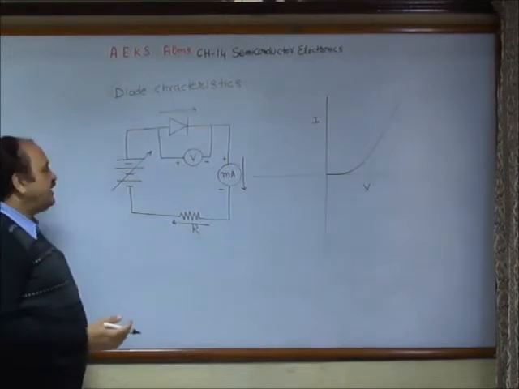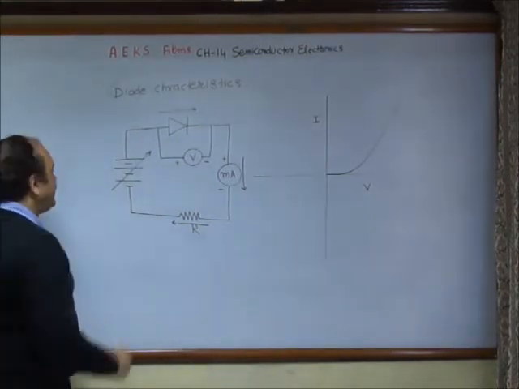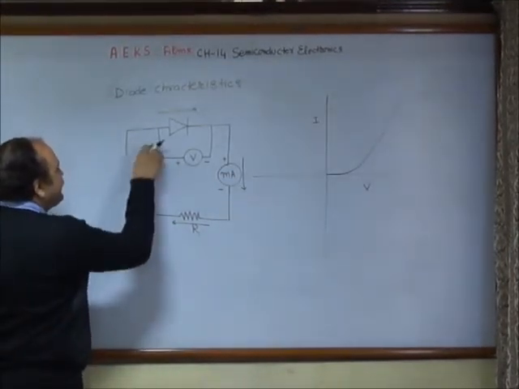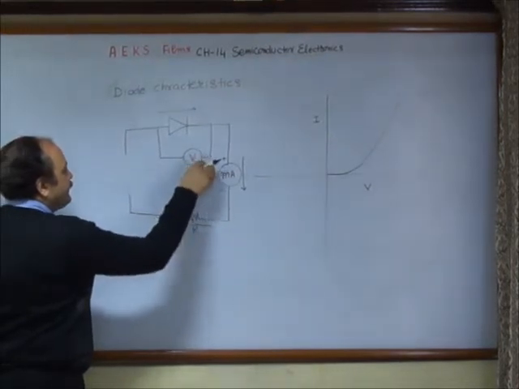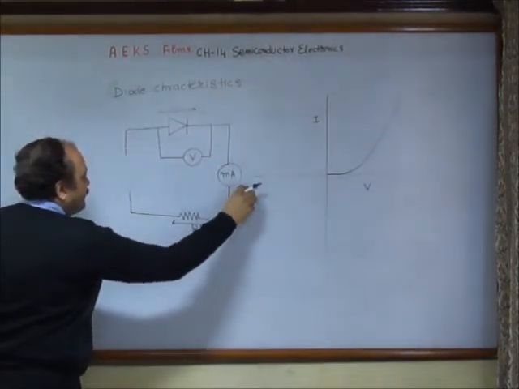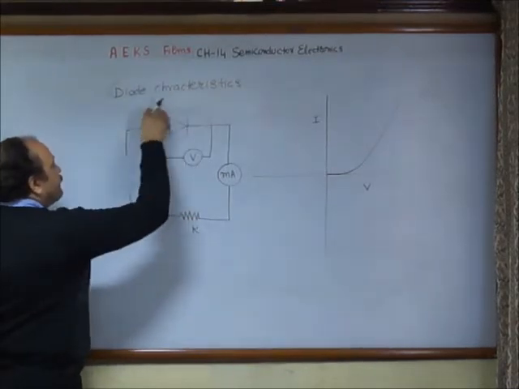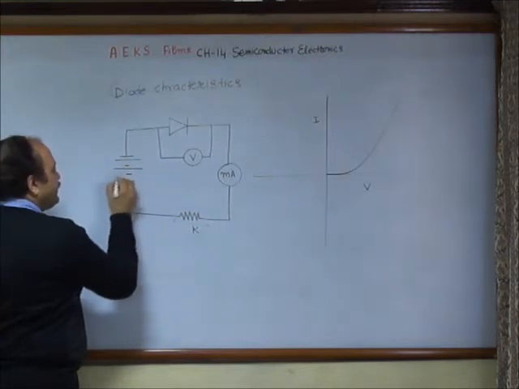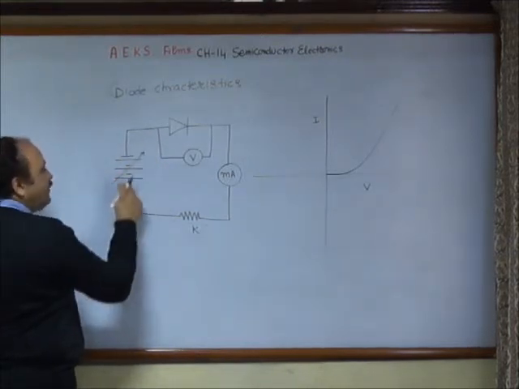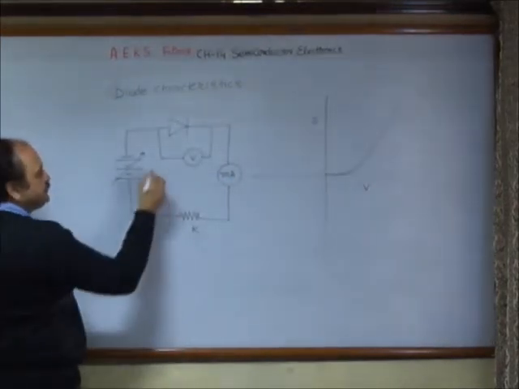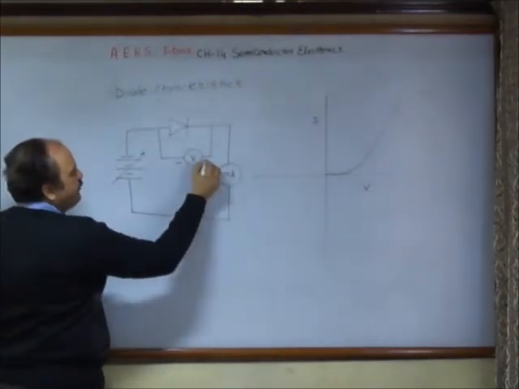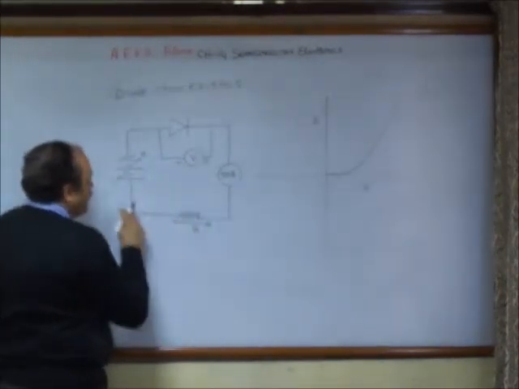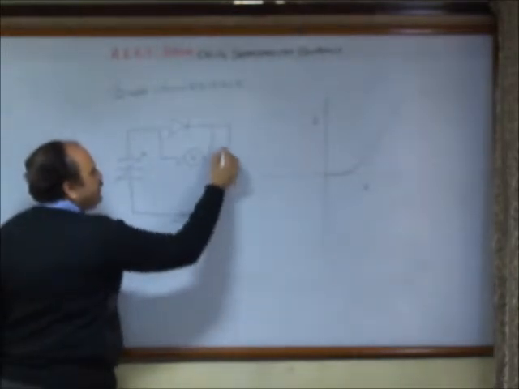In the next case, when we change the biasing, that means I have to connect the battery negative to P and positive to N. The voltmeter will have negative terminal here, positive here, and this time the current is going from this positive terminal to the diode.